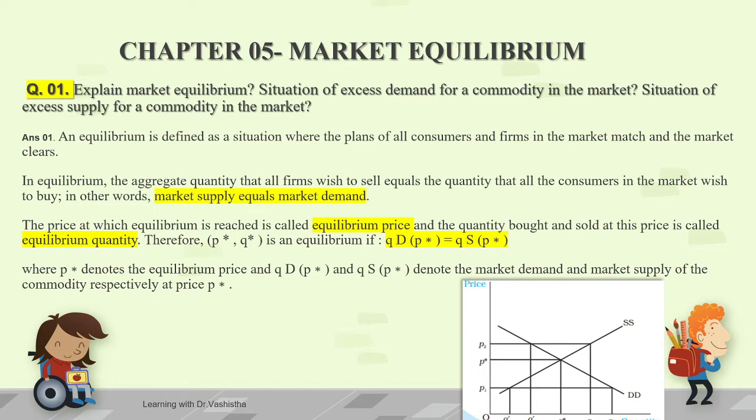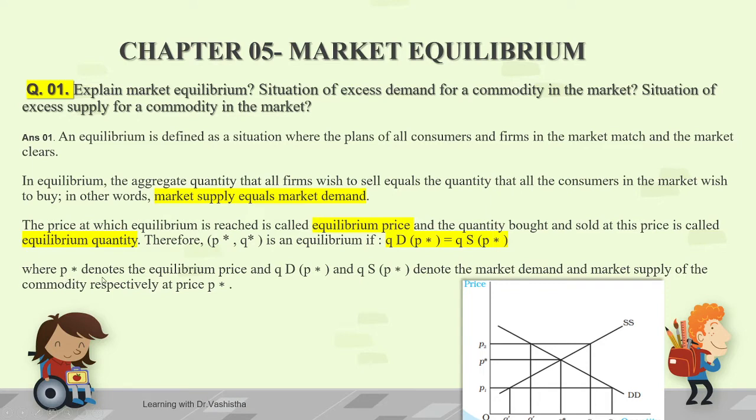The price at which equilibrium is reached is called the equilibrium price, and the quantity bought or sold at this price is called the equilibrium quantity. Therefore, (P*, Q*) is an equilibrium only when QD(P*), the demand at price P*, equals QS(P*), the supply at price P*, meaning to say that demand is equal to the supply.